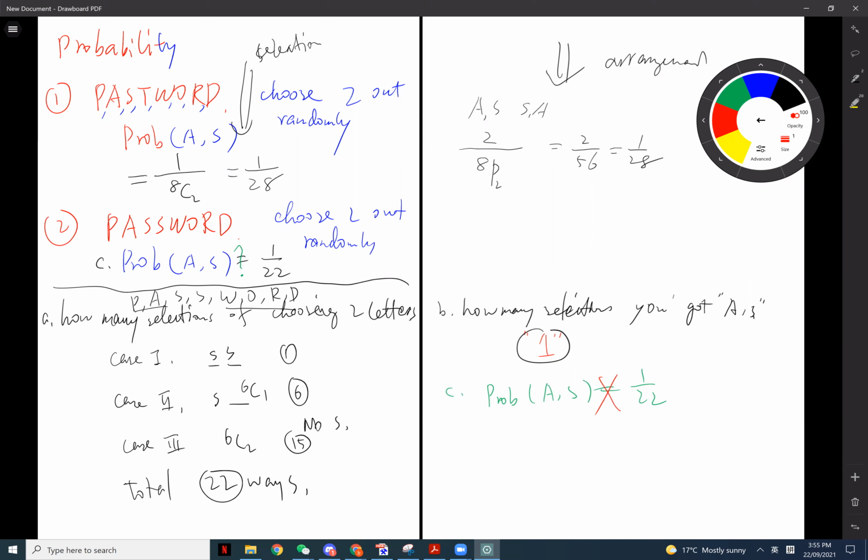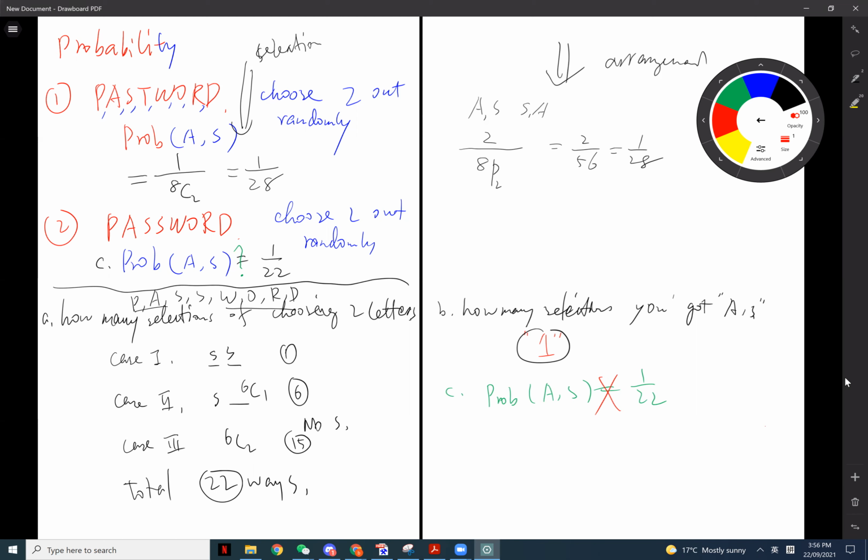Why is this not right? Jeffrey, why it's not right? Because you're doing probability, I think you have to assume for case 2. Oh, I see why I cannot hear you. I probably connect to earphone. Wait, hello? Oh, yeah. Hello. Why we cannot write 1 over 22?